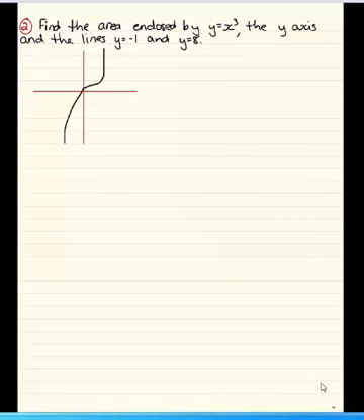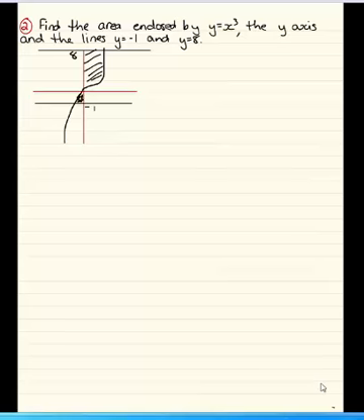That was pretty poor, but anyway. We need the line y is equal to -1 and y is equal to 8, which is going to be up there. So the area enclosed between them is that part there and that part there.